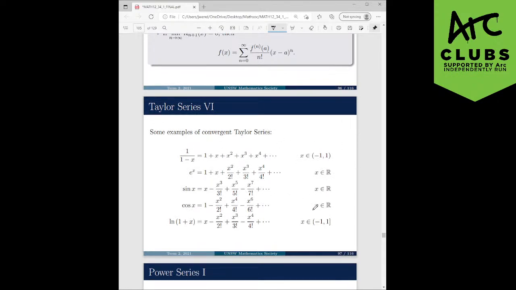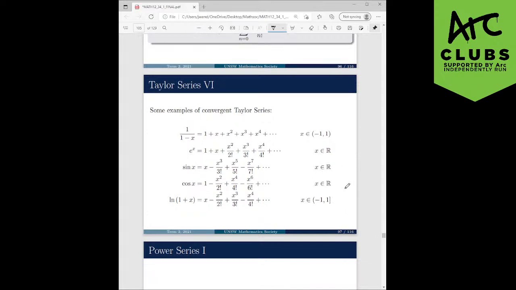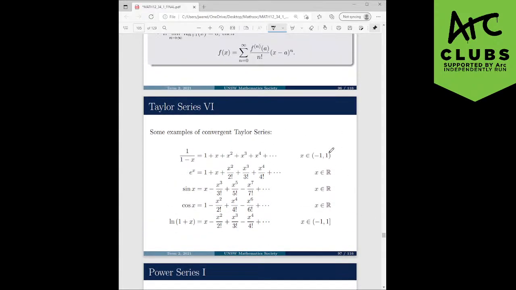We have some examples of convergent Taylor series. All of these are evaluated using Taylor's theorem. Like you differentiated, you can see all the factorials from Taylor's theorem. If x falls within these domains here at the side, that's where these series go convergent. Like for e to the power of x, it's always convergent since it converges for x belonging to the real numbers. You can check, evaluate all of these using Taylor series.